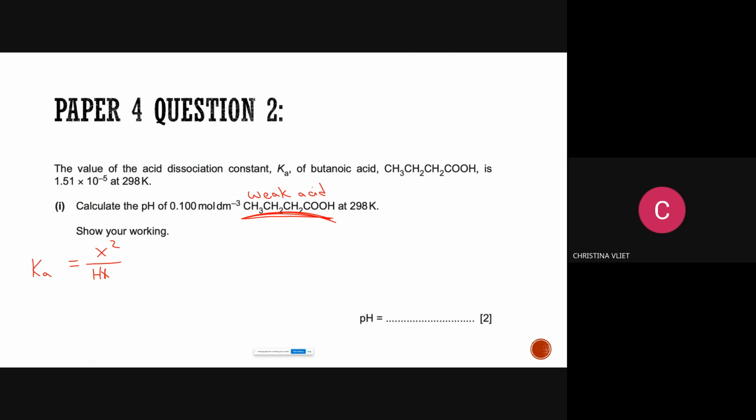So Ka is 1.51 times 10 to the negative 5 equals, I'm looking for x, and what goes on the bottom? 0.1, because this is the HX, right? The x is all that stuff. That's why it's powerful to just say that's all just HX, instead of having to write out everything when you're just being asked to do the math.